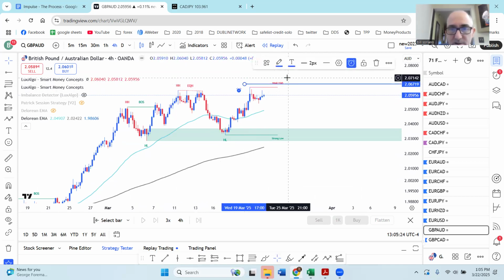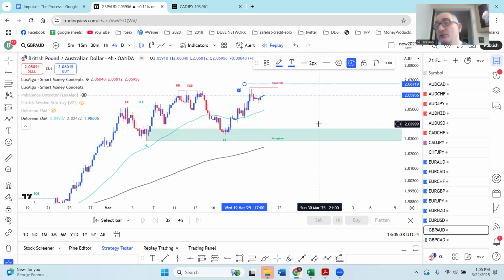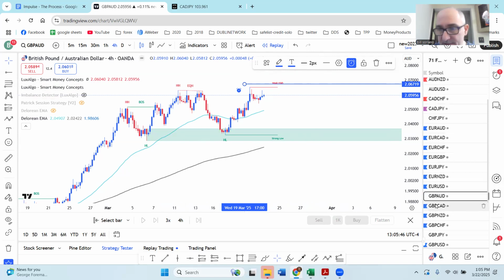So that way we get a close above this alert, and that tells us that we can come to the chart and we can see that we'll have a new supply zone right down here, fairly close to where our old one was, but it'll be a new supply zone because of the break of structure to the upside, and we'll be able to trade from it. But right now we have nothing set there.